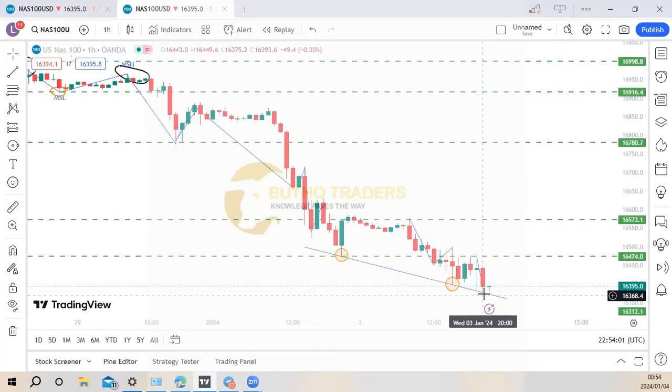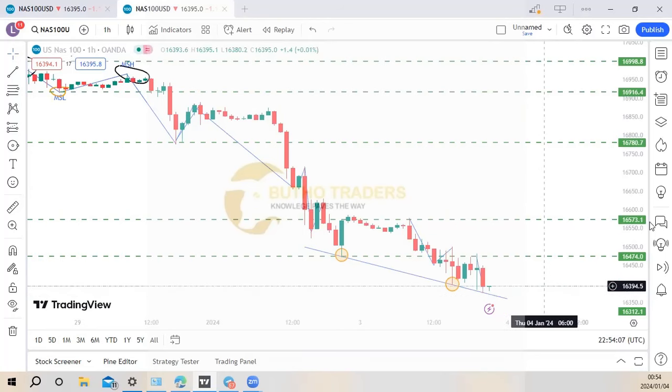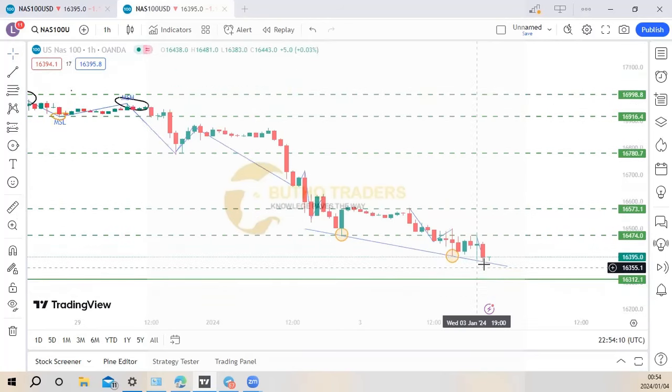But when it breaks below, in this situation where we have a bearish market still going down, when it breaks below this trend line, we now expect sales.